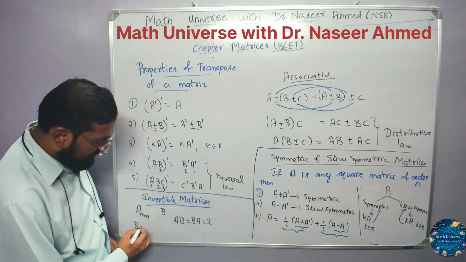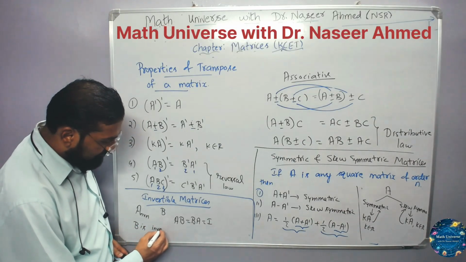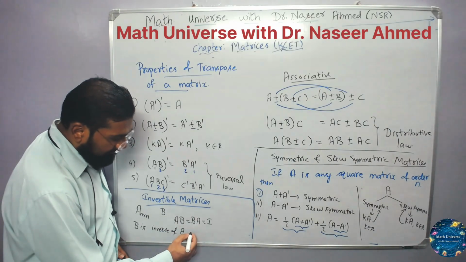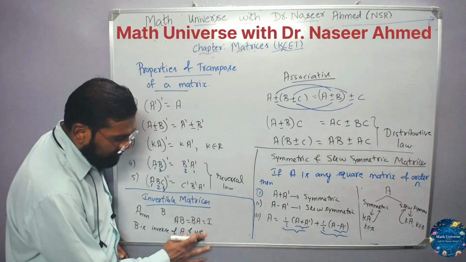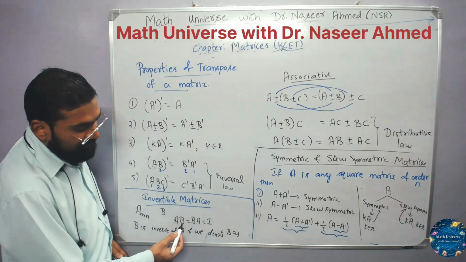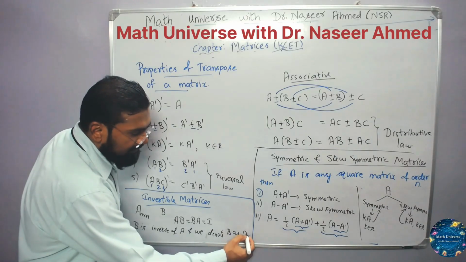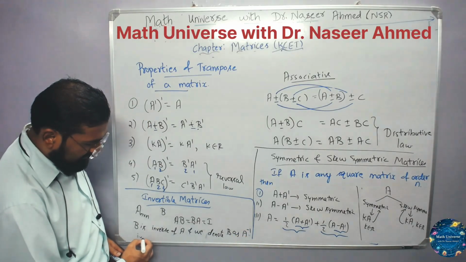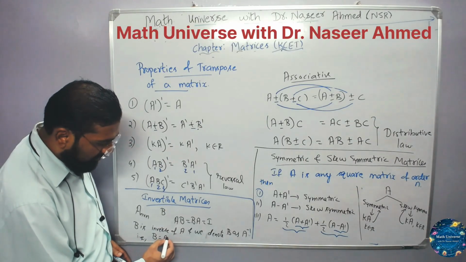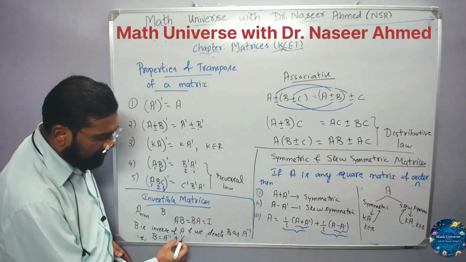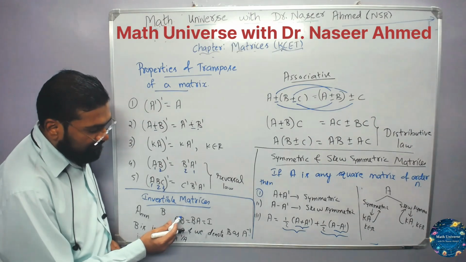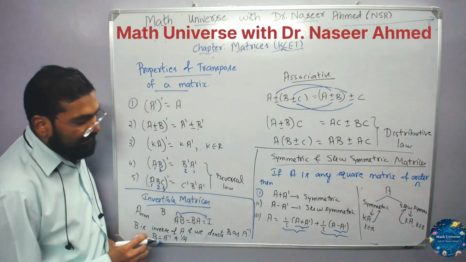In such a case, B is said to be the inverse of the matrix A, or A is invertible, and we denote B as, see carefully, B is the inverse of A. So I write B equals A inverse, and this is not equal to 1 by A. It is just a notation saying that B is such a matrix that if I multiply it with the square matrix A, I get back the identity, and this is unique.